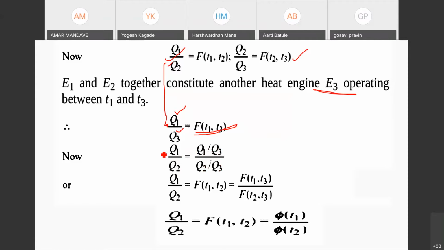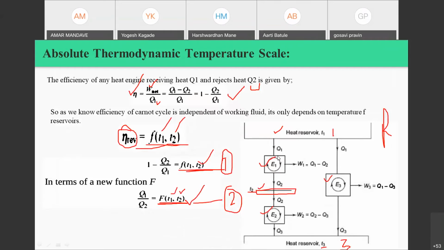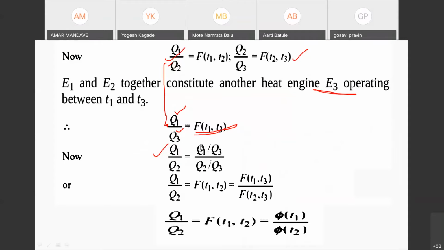So for the Q1 and Q2, the heat accepted by the engine E1 upon the heat rejected by the engine E2 is equal to the heat absorbed by the E3, the term related to the engine E3, and this is the term related to engine E2.